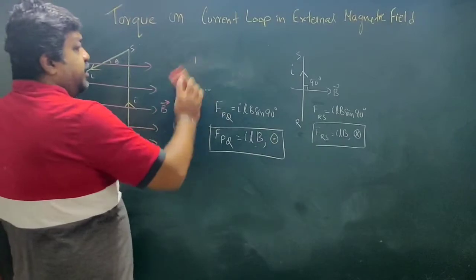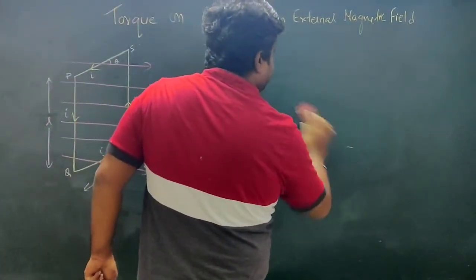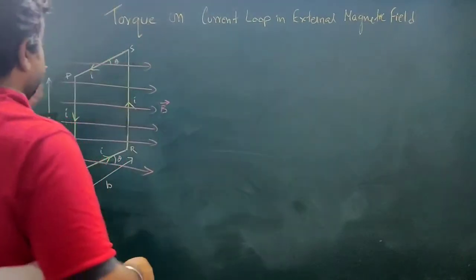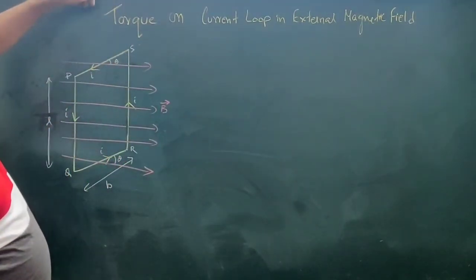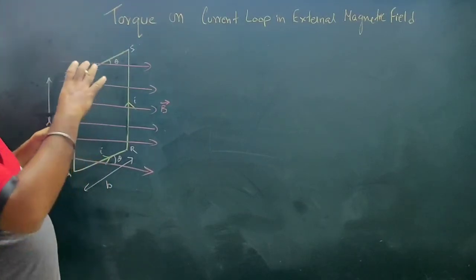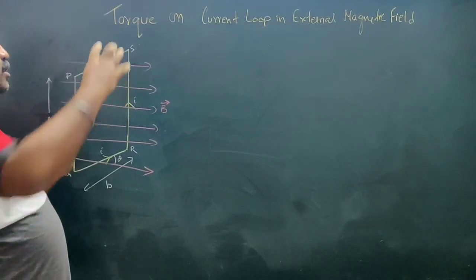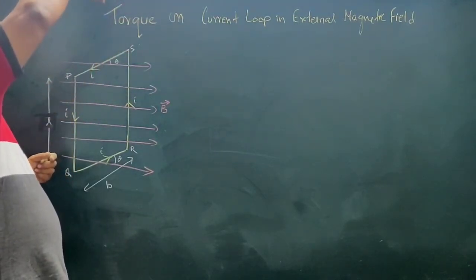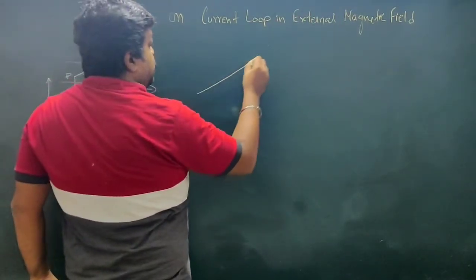Next let us calculate the expression for the torque. Now if this coil is observed from above, okay, so now we are observing from this side. Now if we take the camera from this side to this position, and we observe this coil from above, we will have this view.